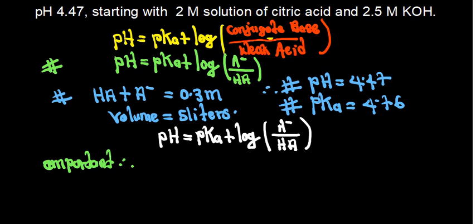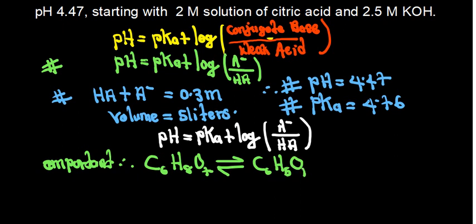So what I'm trying to say here is the reaction that we're talking about is the citric acid, C6H8O7. It is a reversible reaction giving us a conjugate base of C6H5O7, plus the 3 hydrogen ions.